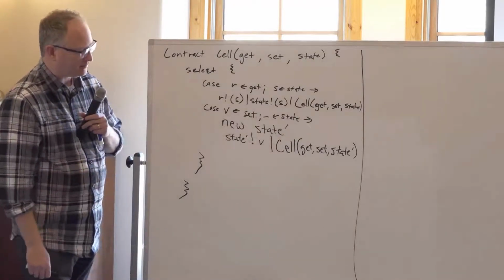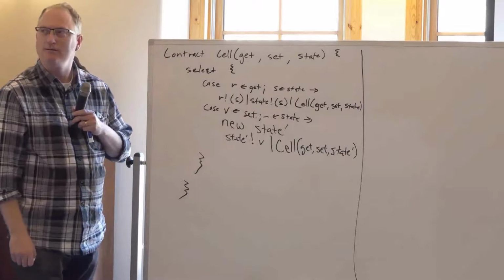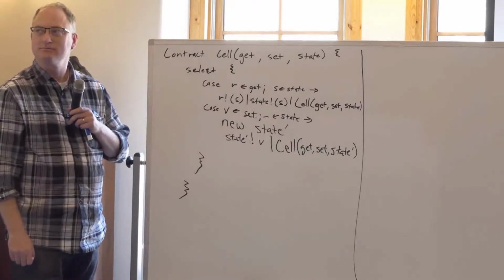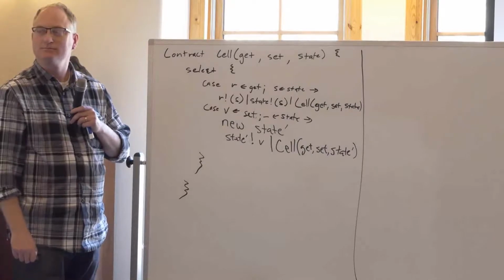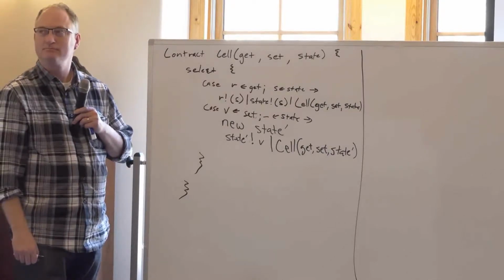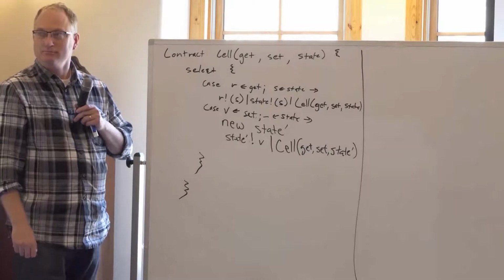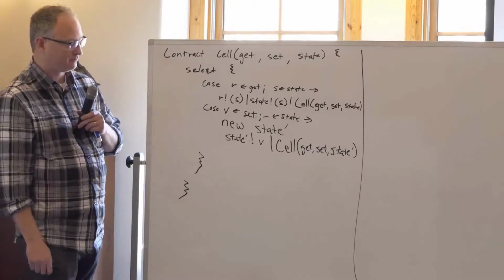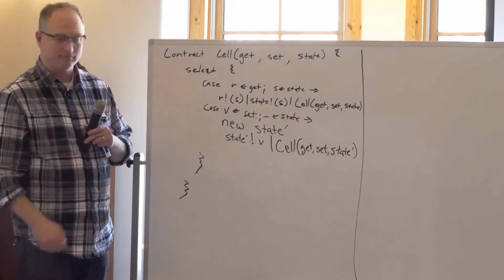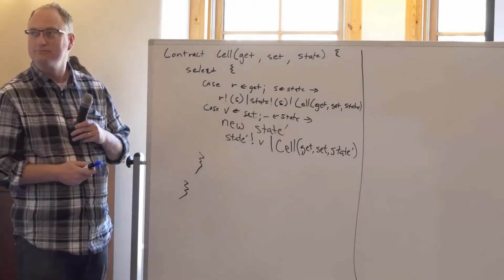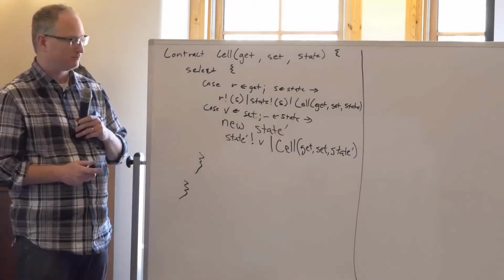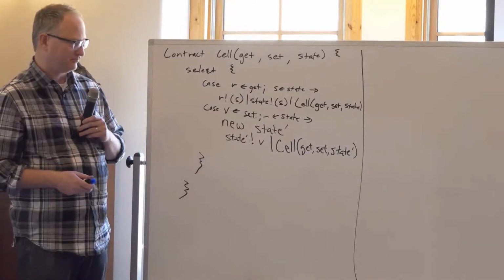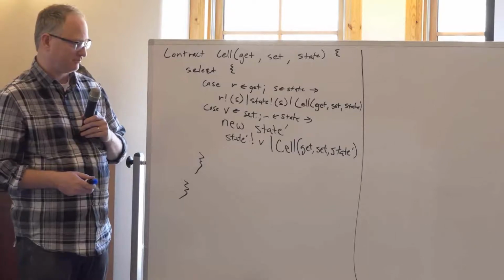I thought I saw a bug, but the bug wasn't there. If you're doing get in parallel with set, any reordering of those is valid, because par is commutative. So any reordering of getting and setting is valid. And so even with this one, you're setting a new state variable, but the order in which those state variables are set is arbitrary.